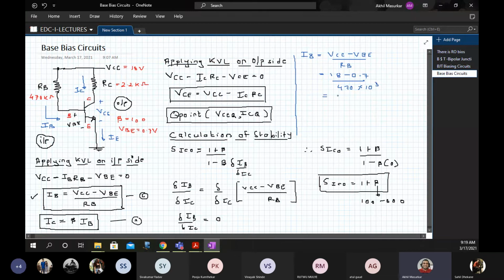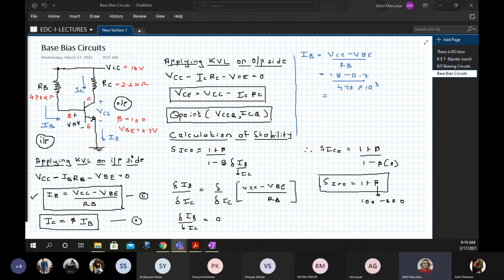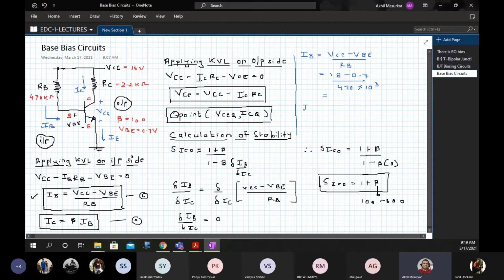Can somebody tell me the value of IB? Come on, solve this. Then we can write IC is beta times IB. So whatever value you get, just multiply it by 100, and that is going to be the value of IC.